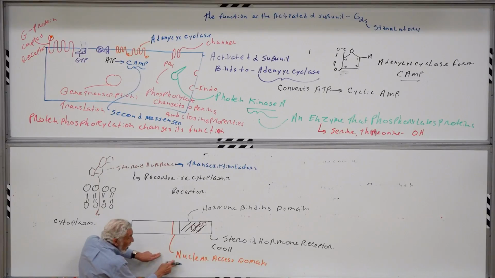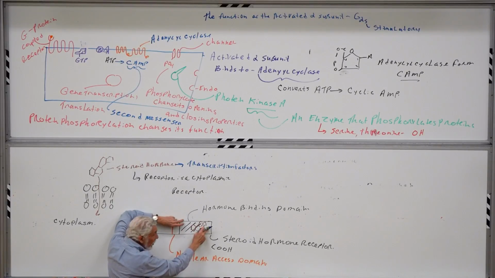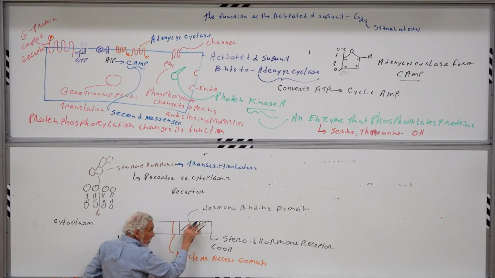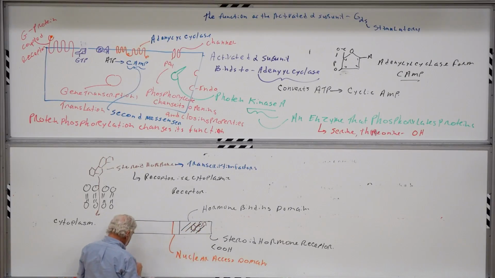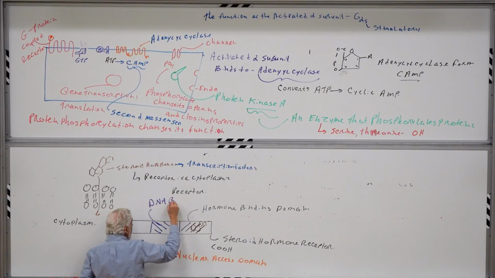So the nuclear access domain is turned on by the binding of the steroid hormone. That allows this entire complex to enter the nucleus. Then in the nucleus, there's this next region of the molecule that's really important. This is called the DNA binding domain.